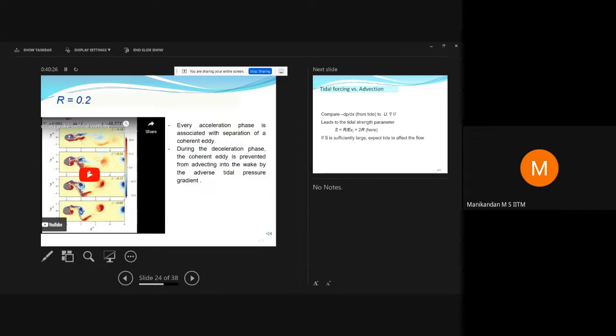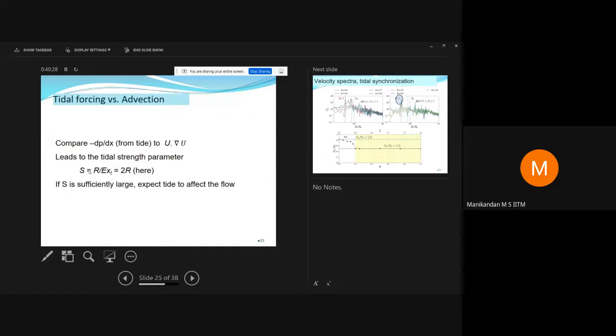And so physically, based on that, what one could do is compare the tidal forcing, which is dU_T by dt, the time derivative of your tidal velocity, and you compare it to u dot grad u, where u is the current.